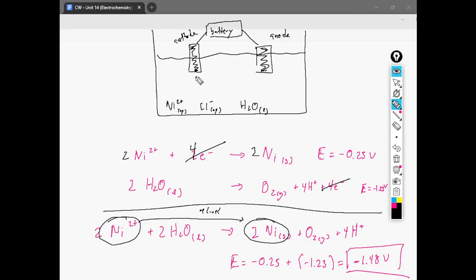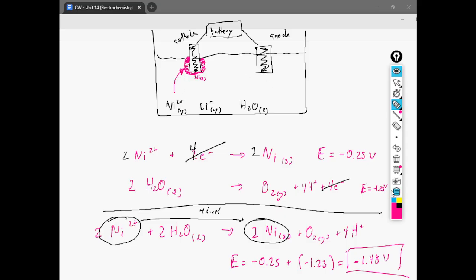Solid nickel is going to start getting formed at the cathode. So here, the Ni2+ aqueous is going to become Ni solid right here. So that's what's happening at the cathode.